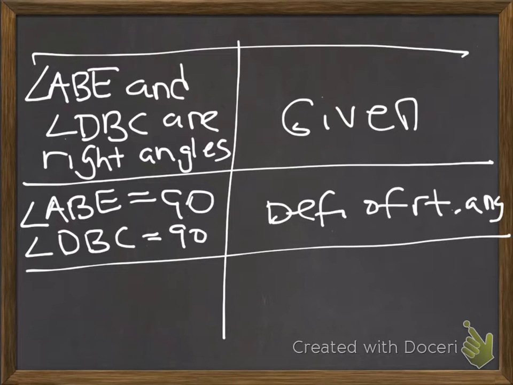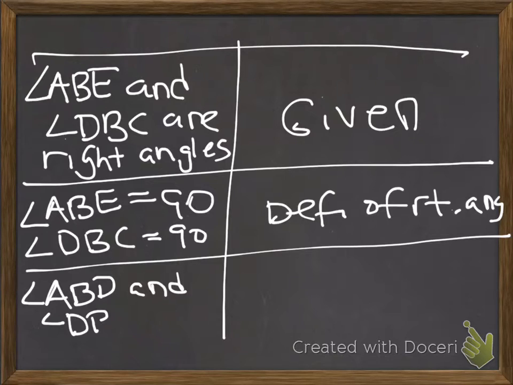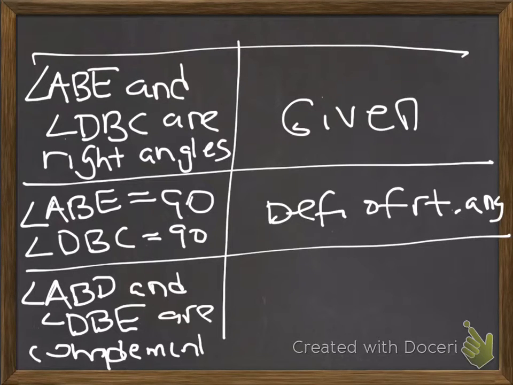So we have angle ABD, and I would suggest hopefully you did a sketch or something so that you have this in front of you at all times, because it gets a little confusing if you don't have the visual. Because we're going to be jumping back and forth.